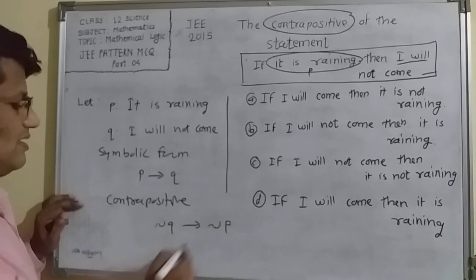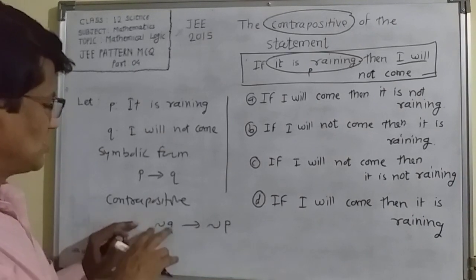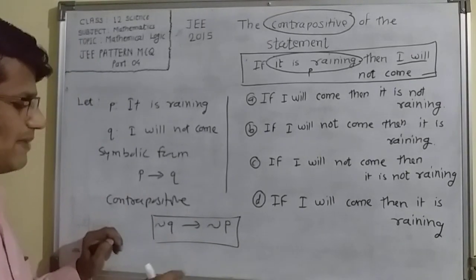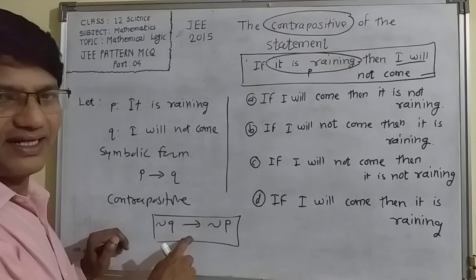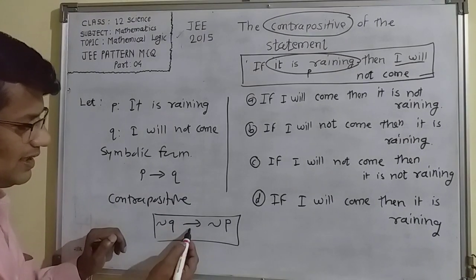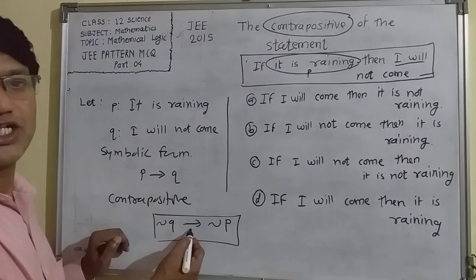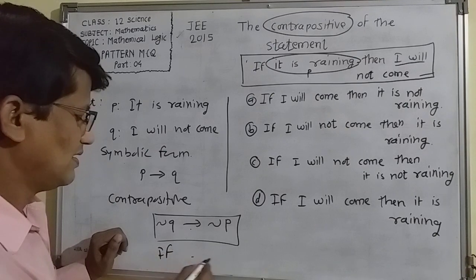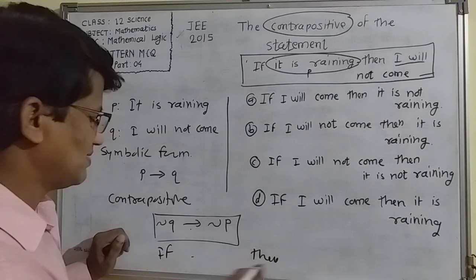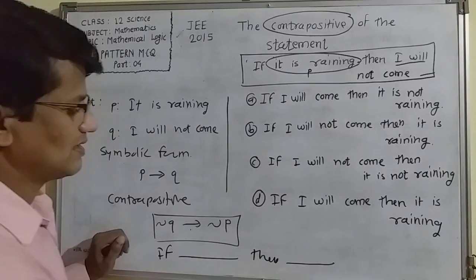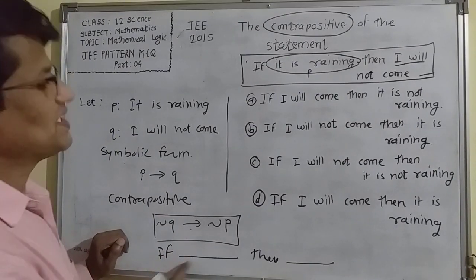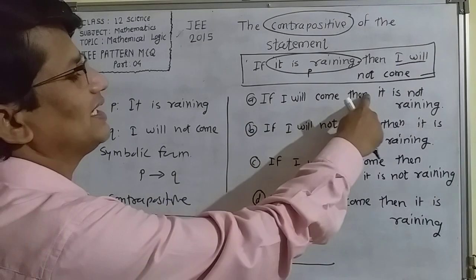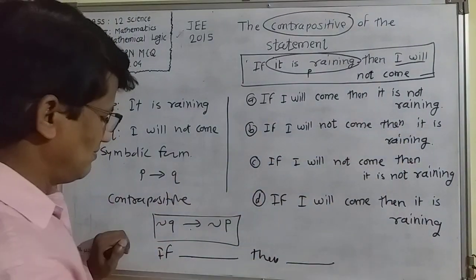Negation P. The contrapositive is this one, and by using this, find the verbal form. Here the symbol is implication, so our answer starts with if. Here is some statement and here is also some statement. See, all the options start with if, and then is also used in between them.